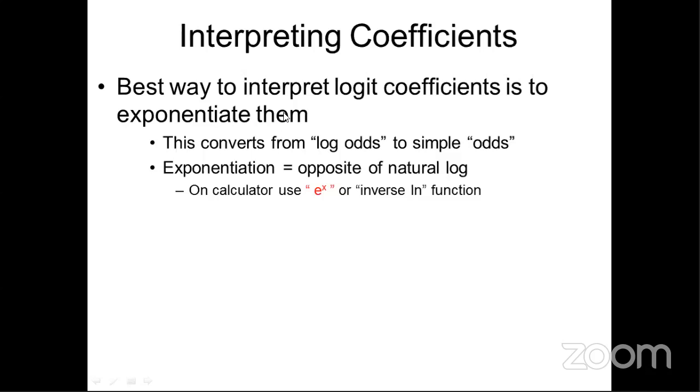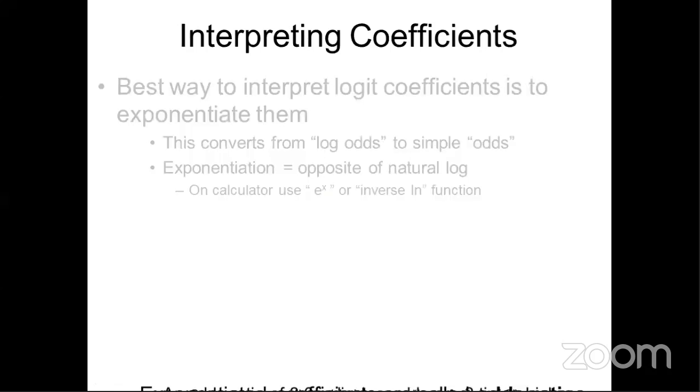Exponentiating means you should use the odds ratio results for interpretation rather than the log odds, because the log odds are converted into the simple odds by exponentiating them, or taking the inverse of the natural logarithm. So this is the way you should interpret them.